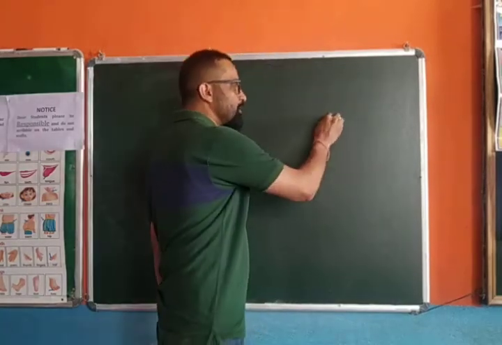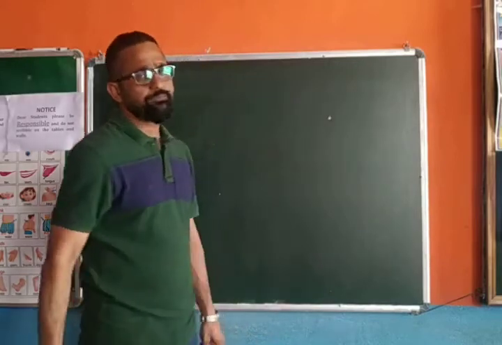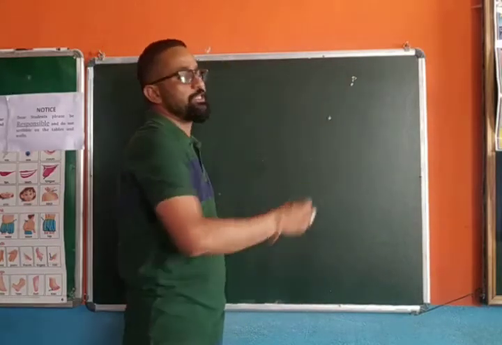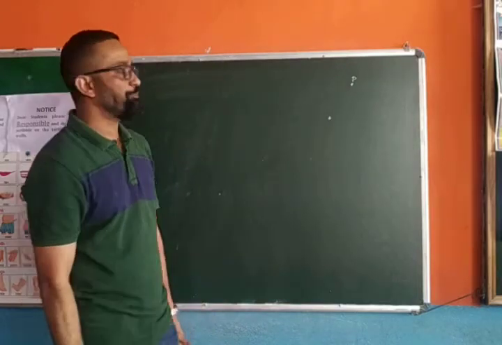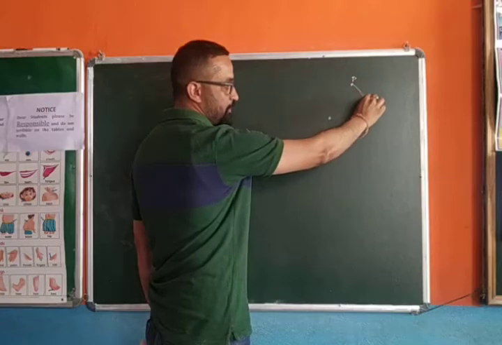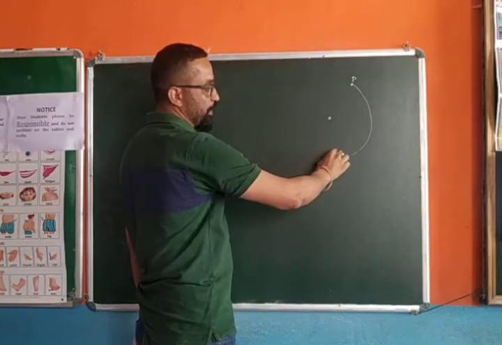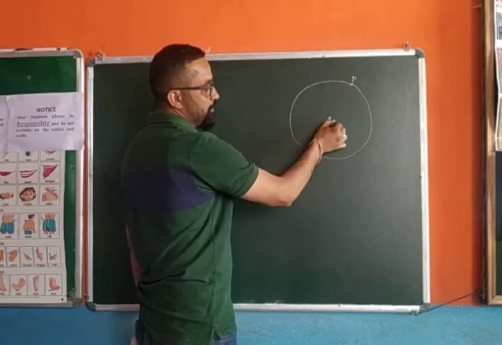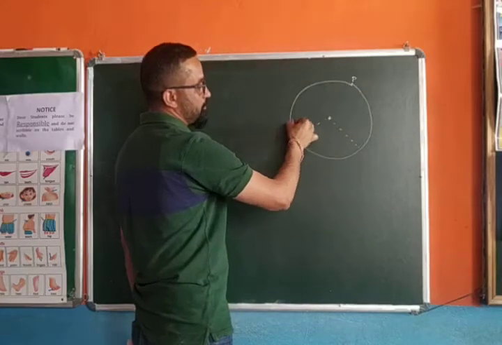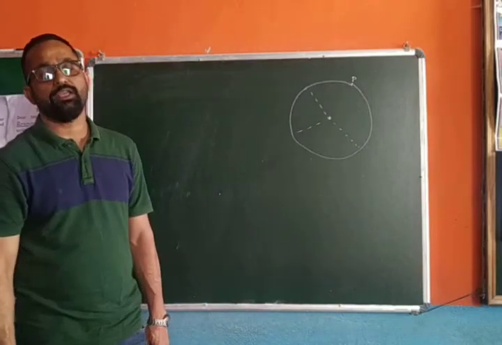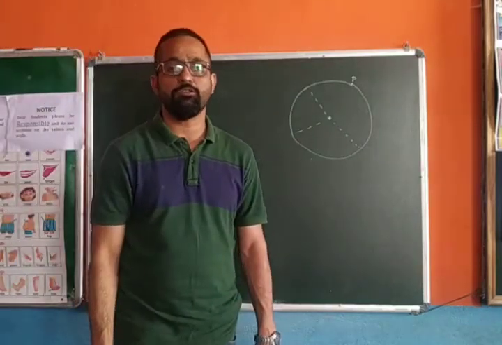So let's consider a fixed point and a point at a certain distance, say P. If this point P moves around the fixed point such that this distance remains constant, the figure obtained is called a circle.